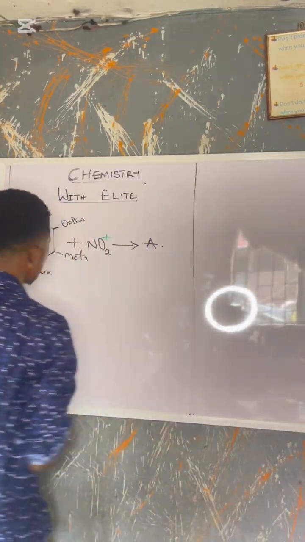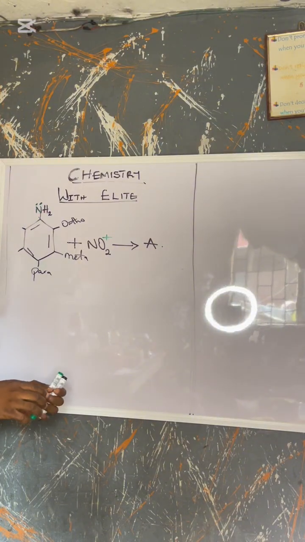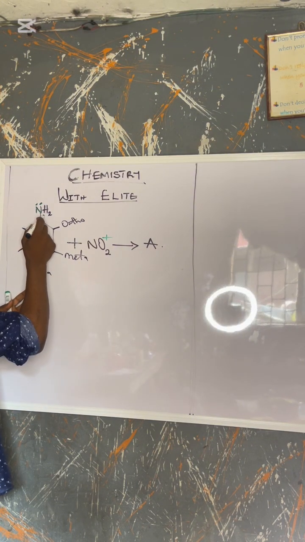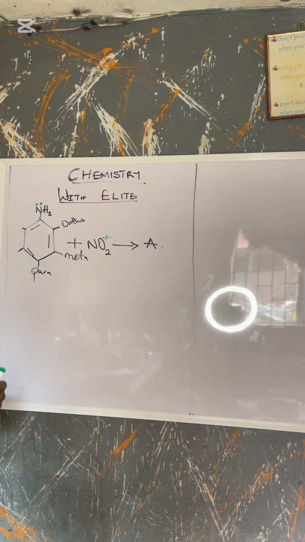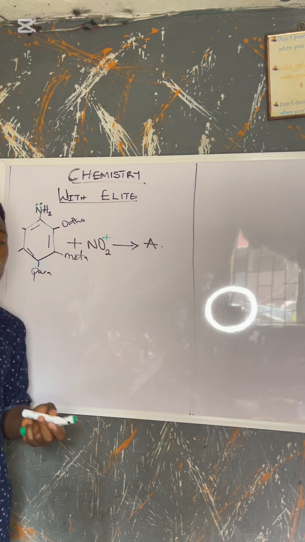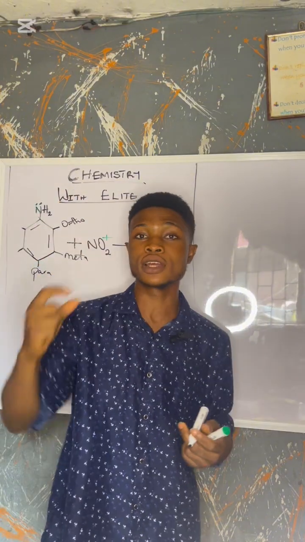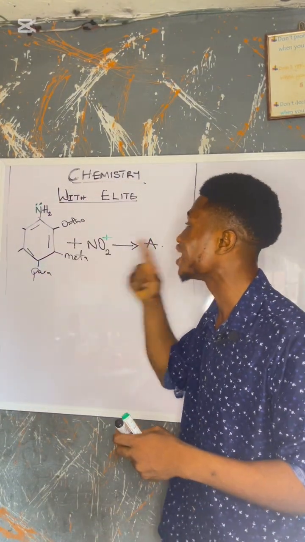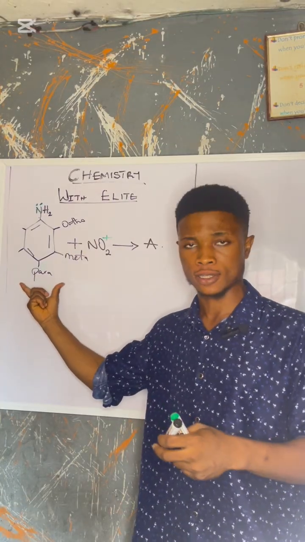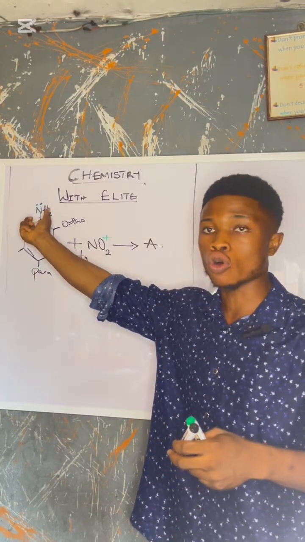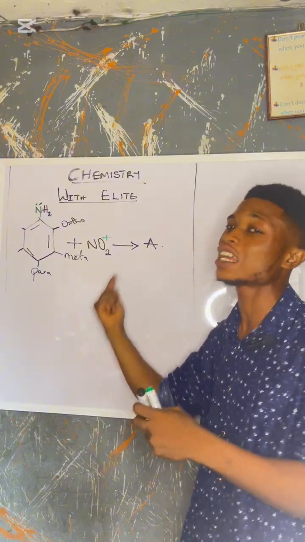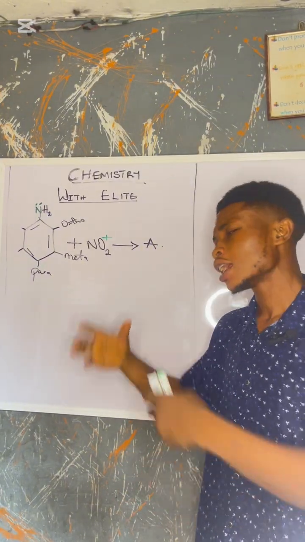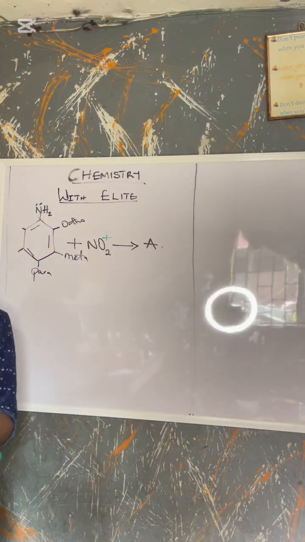NH2 is a very good example of an electron donating group. It's an activator. So this NH2 has the ability to give the ring more electrons, and once the group that is already existing on the ring is an activator, the position of the incoming group can either be ortho or para. If it's a deactivator, it will only be what? Meta. You might be thinking, why? Let's look at it together.